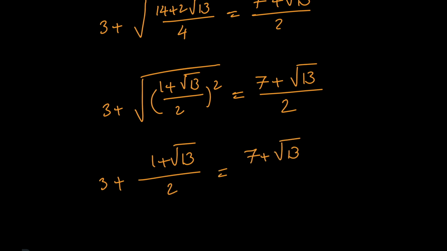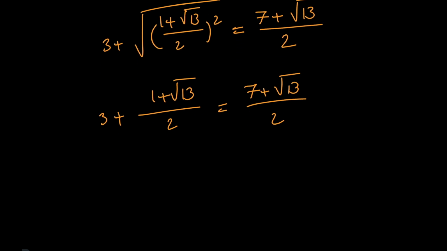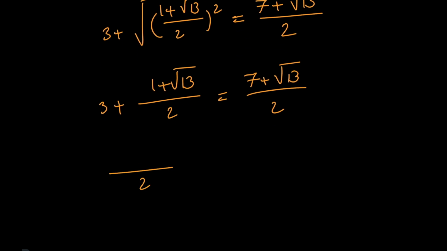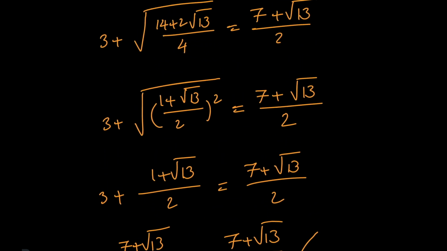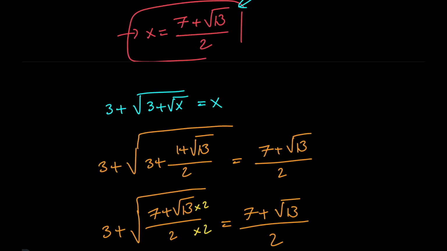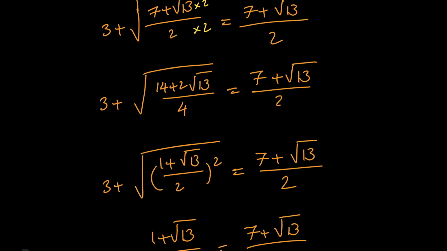And then we need to get a common denominator. So we're going to have 2 in the bottom and 7 plus root 13 on the top. That means that our solution is a valid solution because this is a true statement. Great, so we have only one solution for x, and that is 7 plus root 13 all divided by 2.